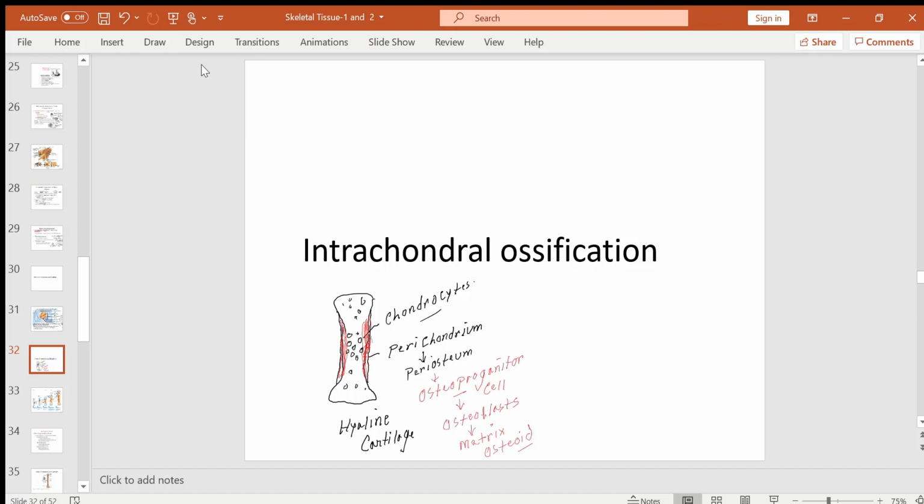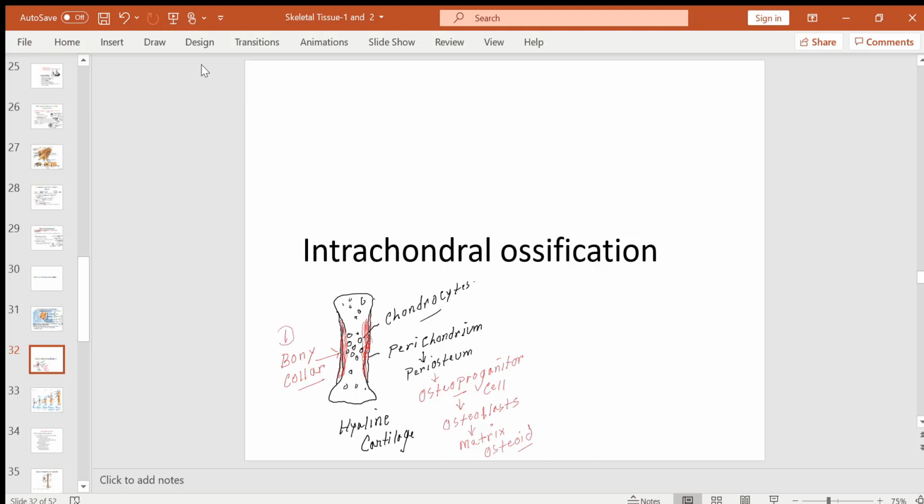So that is called the bony collar formation. So this is the bone collar around the cartilage. Okay, so that is step 1.